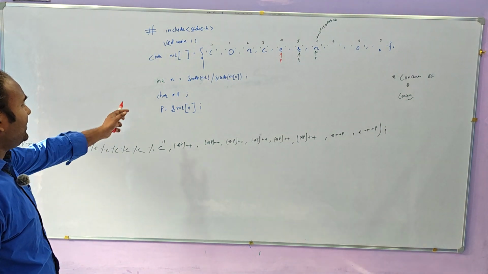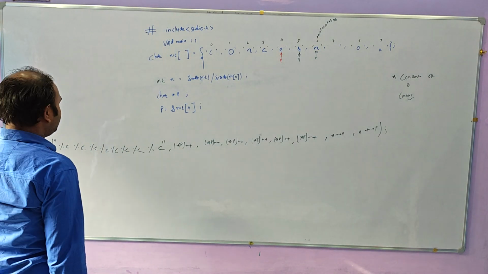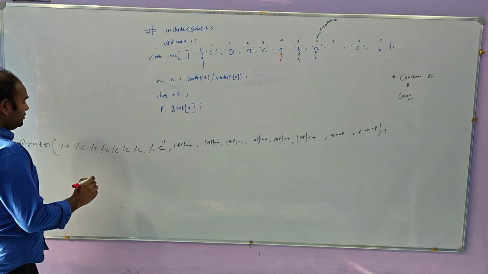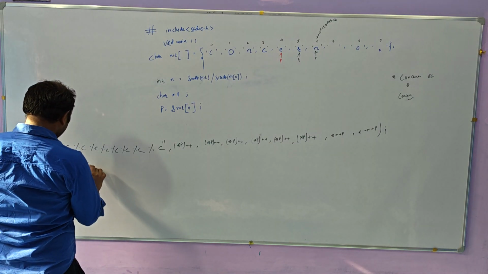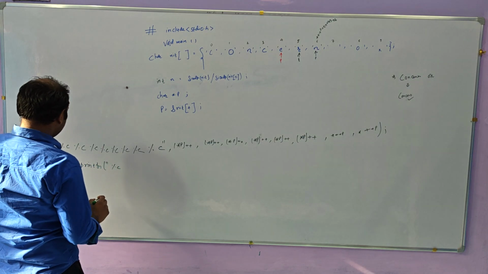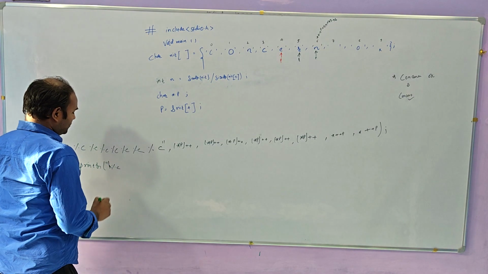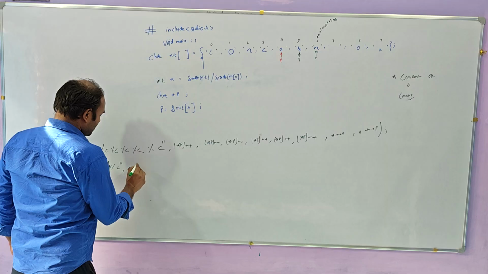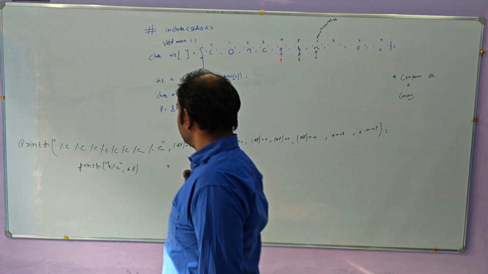That doesn't matter. So now we are going to printf %c, and we are just using \n and *p, where p is lastly pointing.